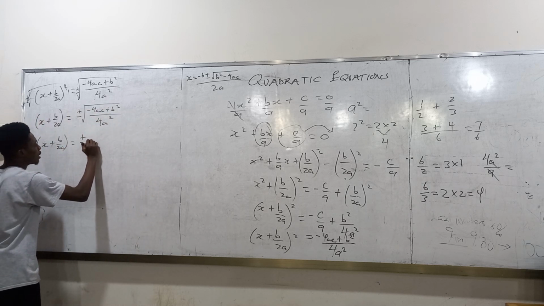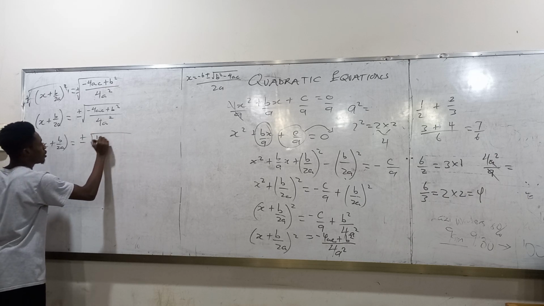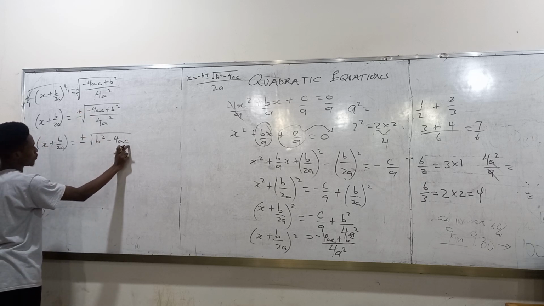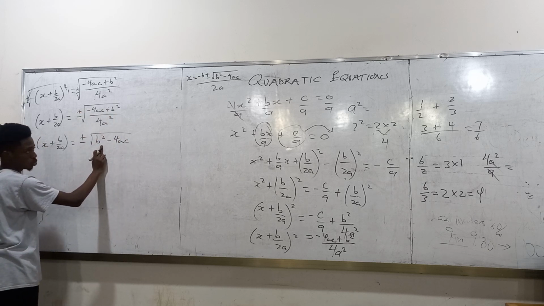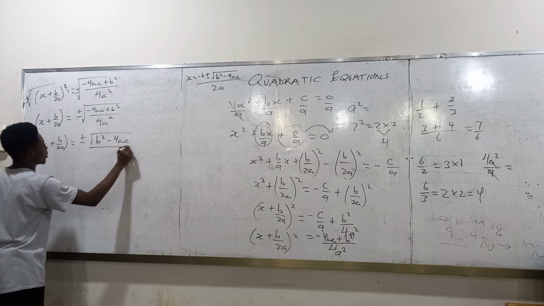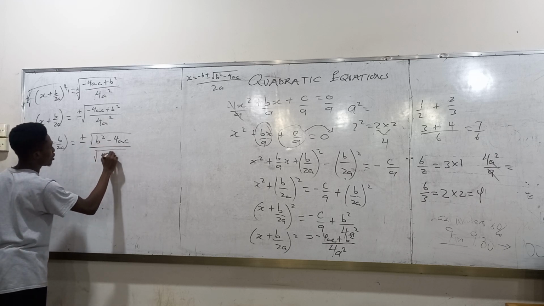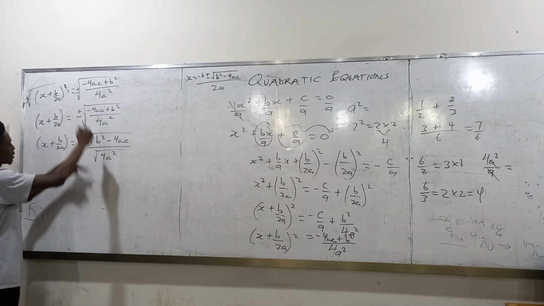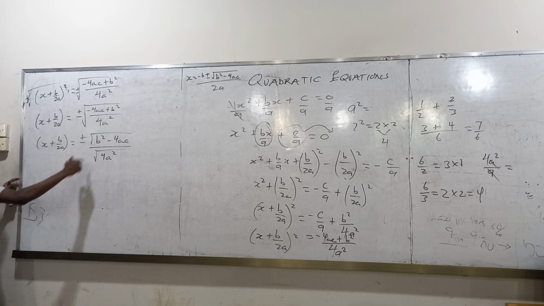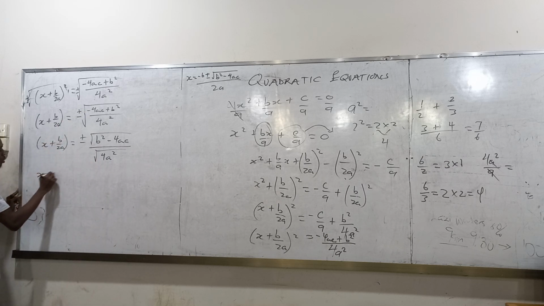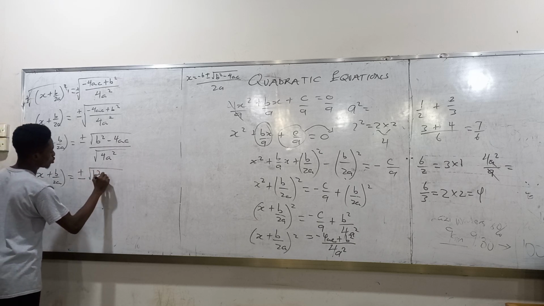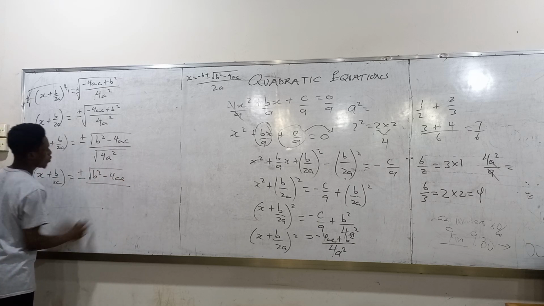So you get b squared minus 4ac. The negative still affects the 4ac and the positive is still b squared. But root 4a squared: this root affects both of them, but I've split it into two so that you understand what I'm coming to do here. So here we get x plus b over 2a being equal to plus or minus root b squared minus 4ac, all over.